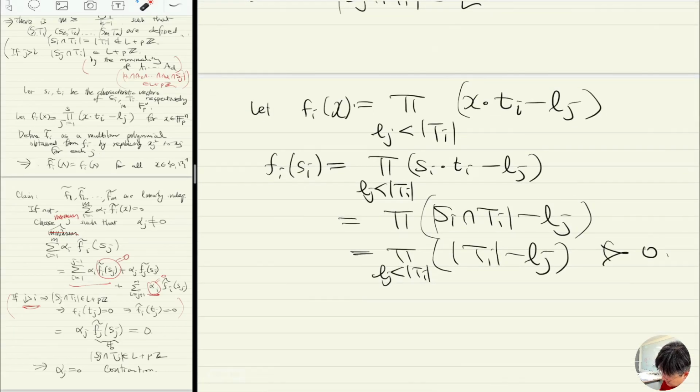It's enough to say non-zero. And f_i(S_j), what is it? It's the product of S_j intersection T_i minus l_j.